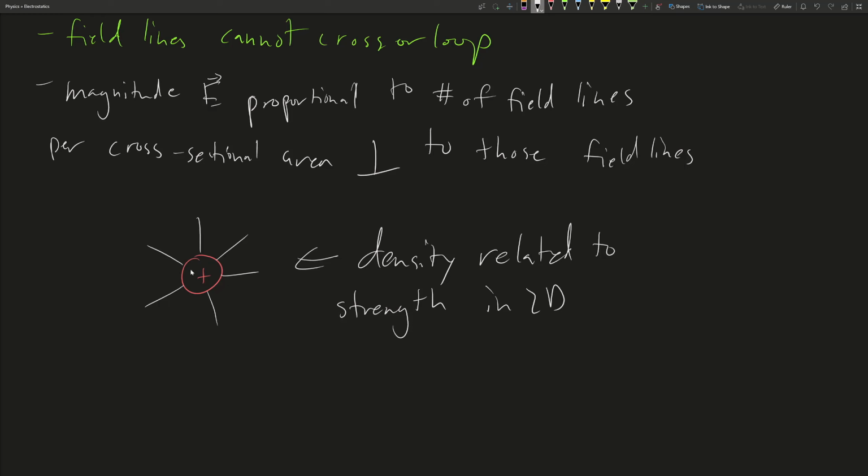As you see, closer to this charge, the field lines are closer together, which means that the field is stronger. And further away from this charge, the field lines are further apart, which means that the field is weaker.